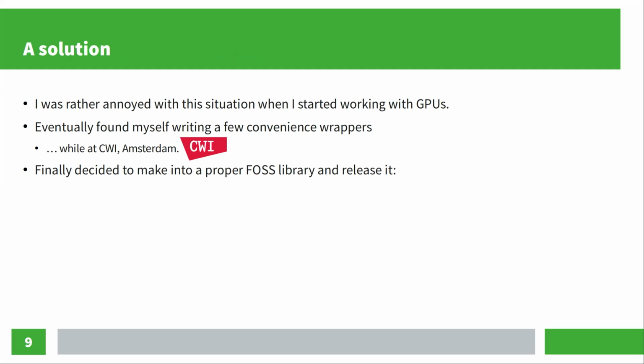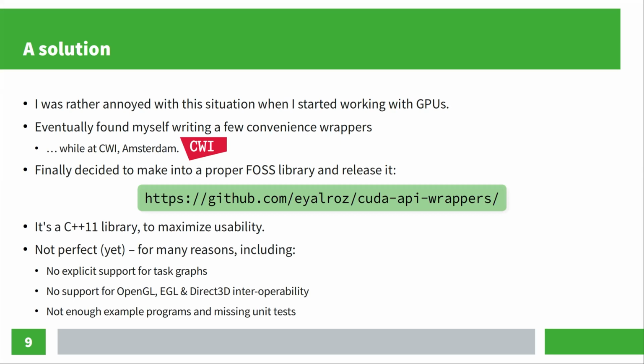And at some point, I had amassed enough code that I decided to complete it into something I could release as a library. And this is what I'm talking to you about today. So you don't have to write down the URL or anything. And plus, it'll be up on the screen again when we're done.